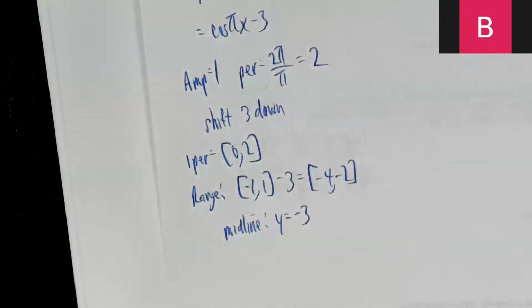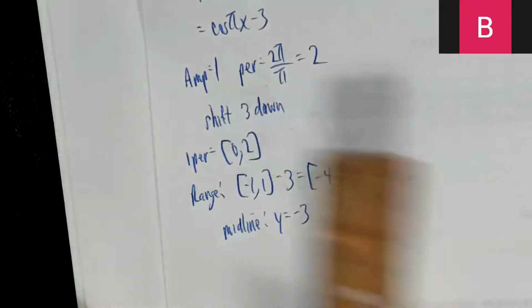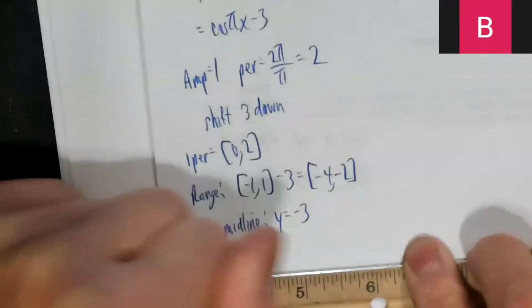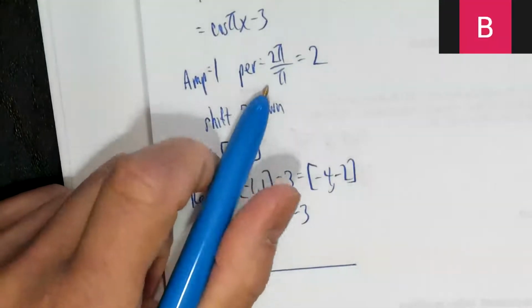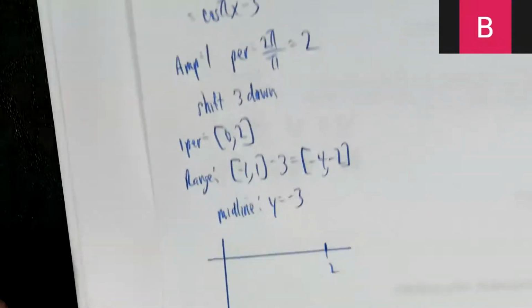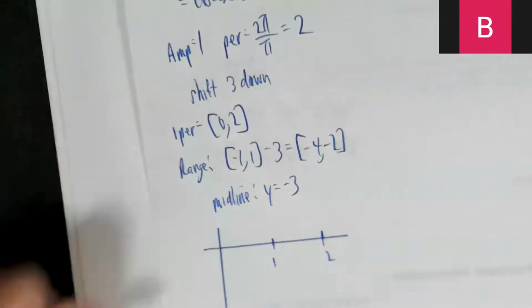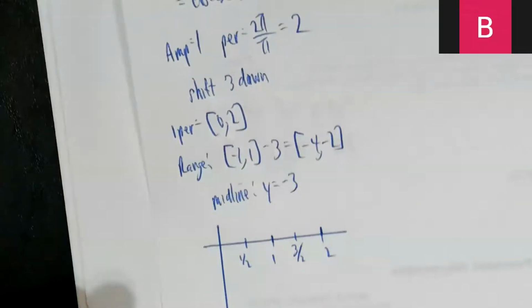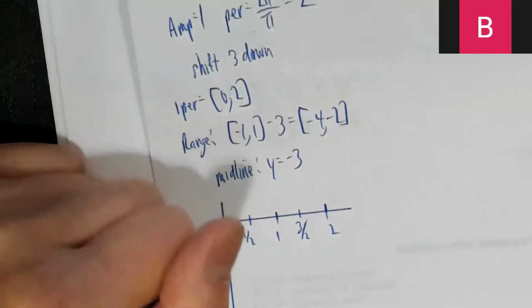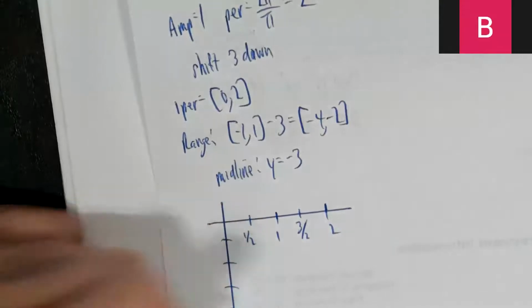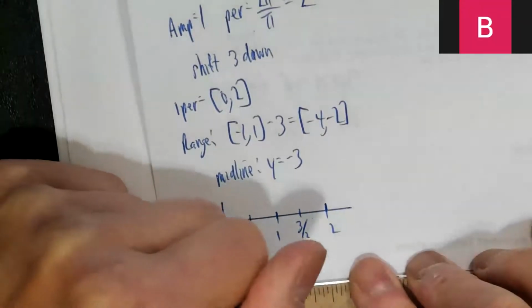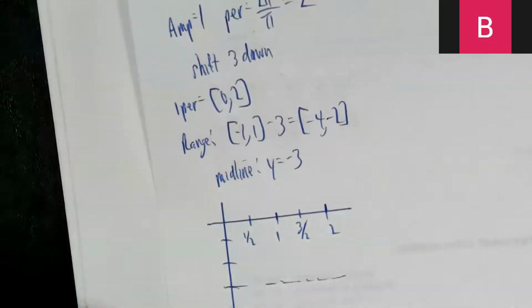One period goes out to 2. Cut that in half, 1. Cut that in half, 1/2, and 1.5. With the midline of y equals -3, this is like a new 0, so to speak.